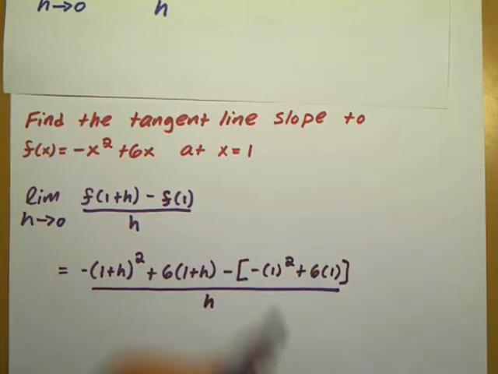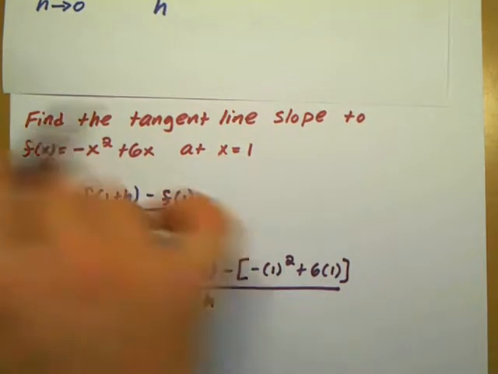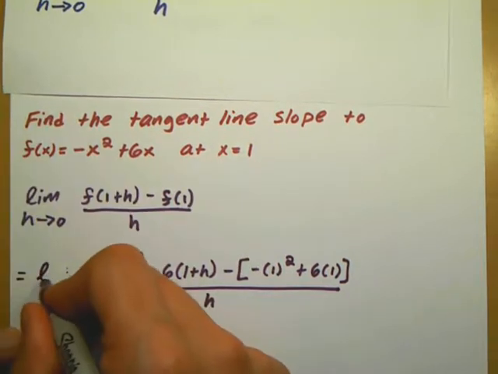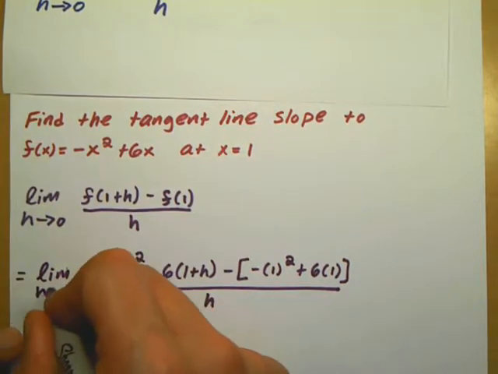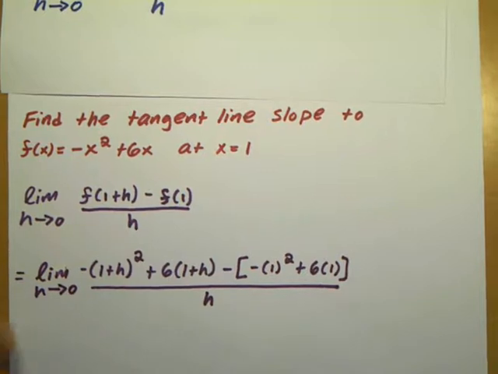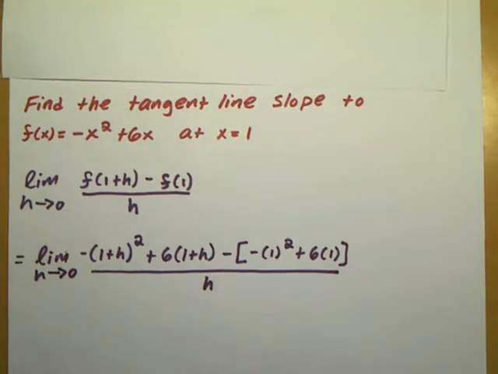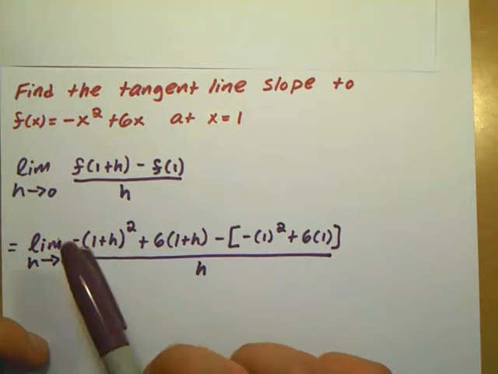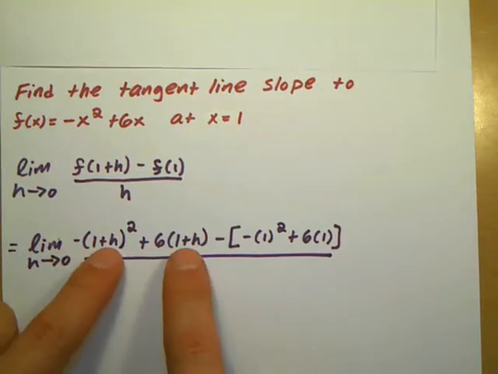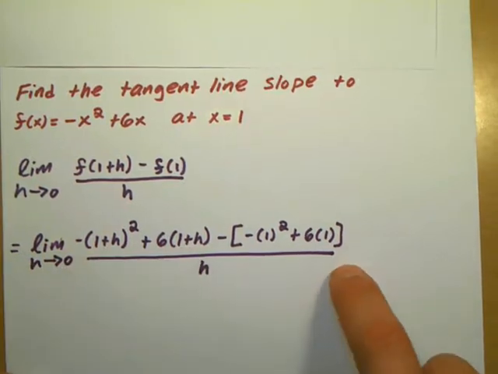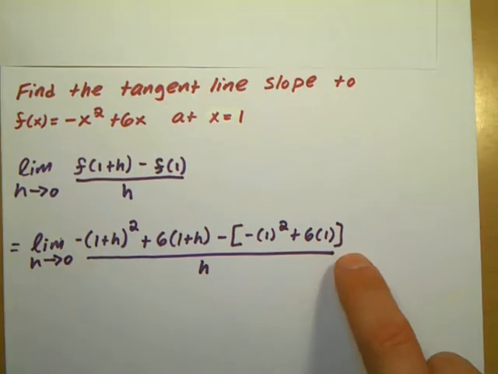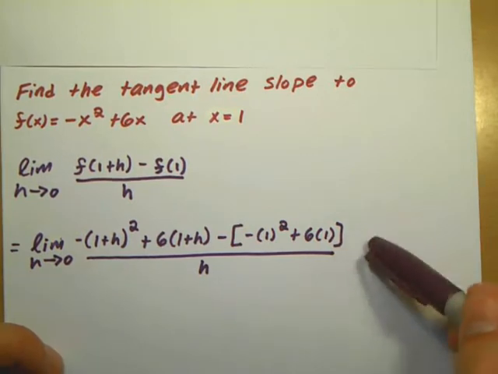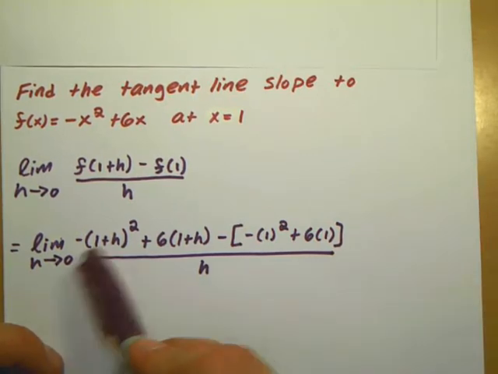Let me include my limit notation here, because limit notation is important. Okay, then I have to actually go through and simplify this, because a quick check, if I plug in 0, it's going to be 0 over 0. I'll give you a moment to pause it if you need to, but trust me, this turns out to be 0 over 0 when you let h equal 0.